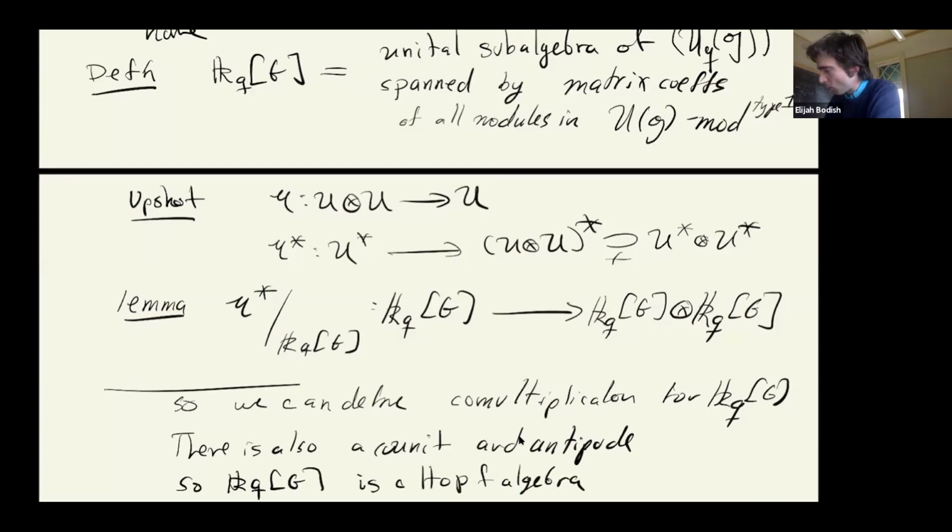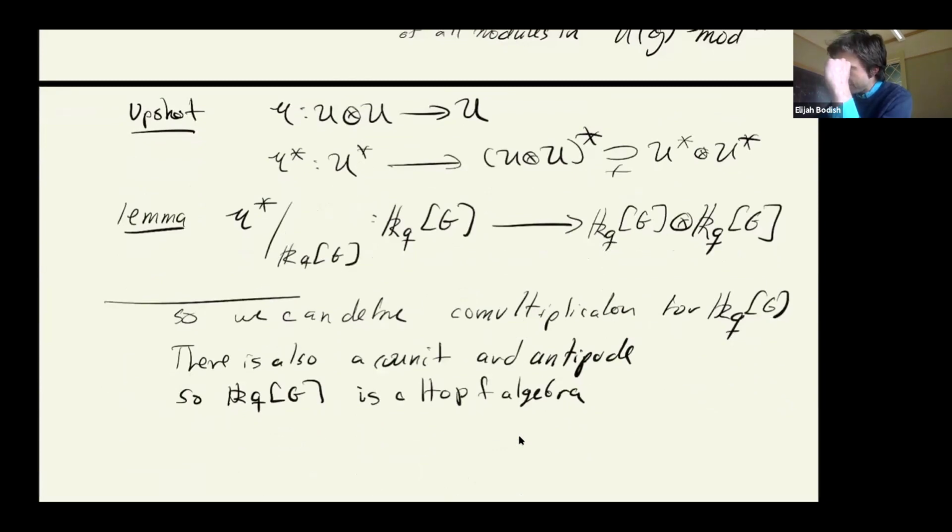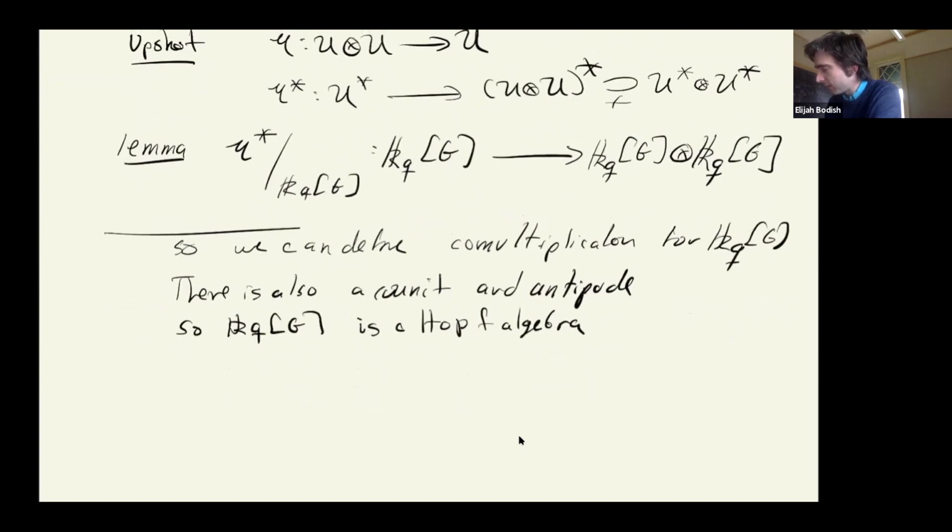It's a worthwhile calculation to check that if I take a single matrix coefficient in this ring and apply mu star to it, it can be expanded as sums of tensors of matrix coefficients. A priori, mu star just takes K_q[G] to (U tensor U) star, since this is a subspace of that, but it actually lands here, and that's a check. But that's nice.